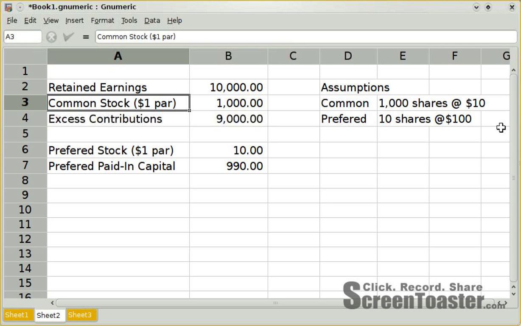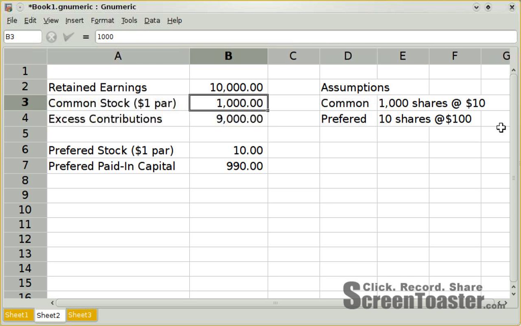In this case, what I've done is I've set the par value for the common shares at $1 per share, but you'll see some states where you can have it for a penny a share. Now, just because the par value is set at $1 per share doesn't mean you're going to sell them for $1 per share. What I've done here is said that we're going to sell 1,000 shares, and we're going to do it for $10 a share.